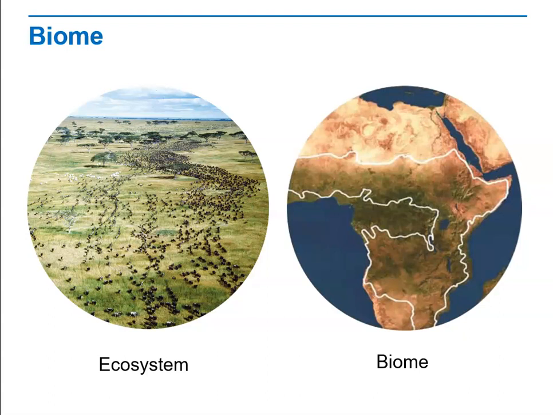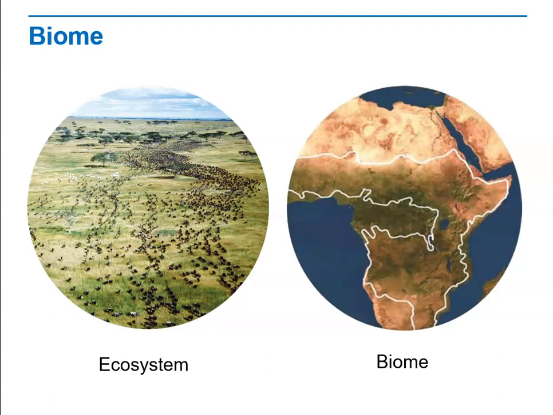So for example, we can talk about the desert biome. So a specific area would be an ecosystem. A specific desert or a part of a desert would be an ecosystem. The biome would be a description of what makes up that desert.